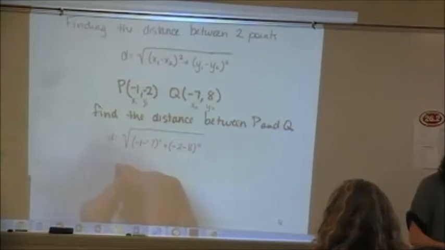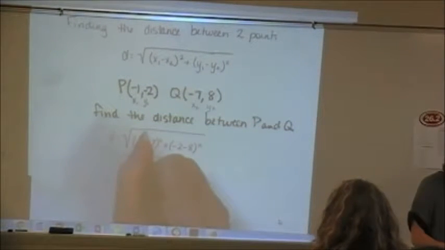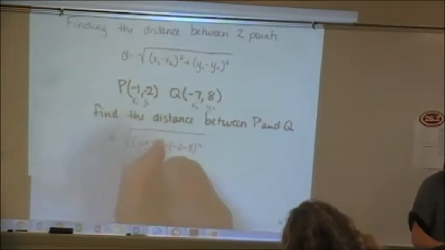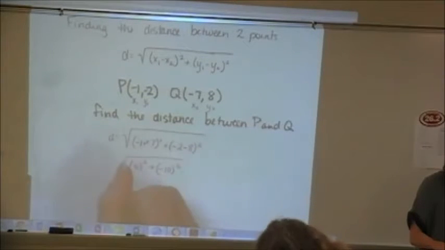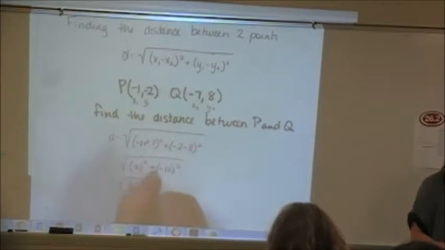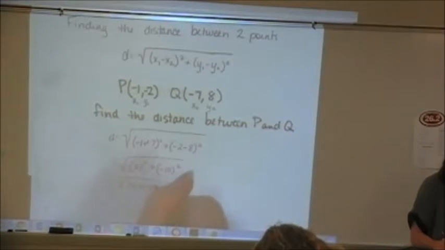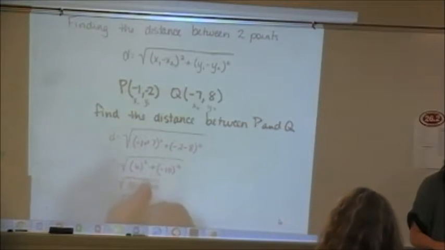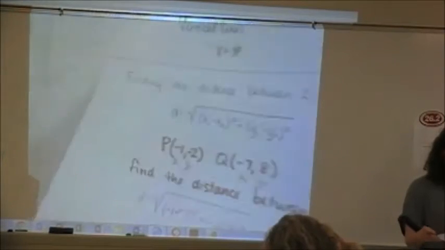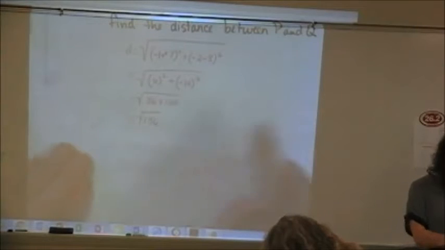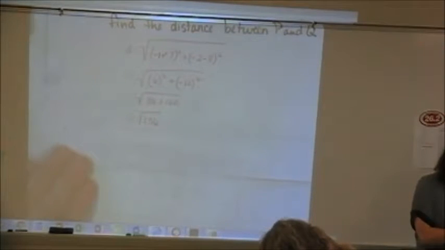Then you just continue to simplify. Square root of 136 is not a perfect square, but it does simplify.